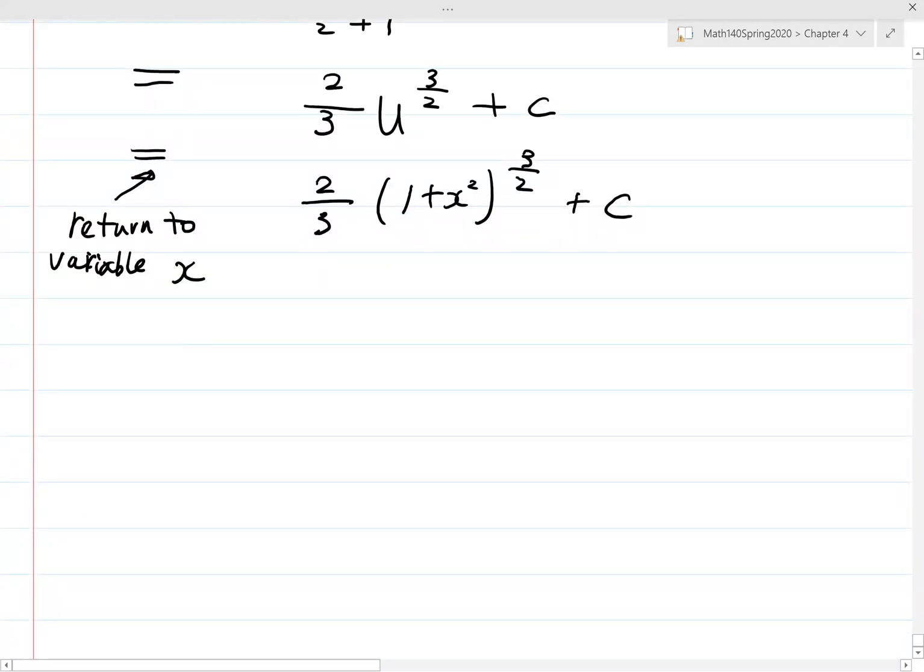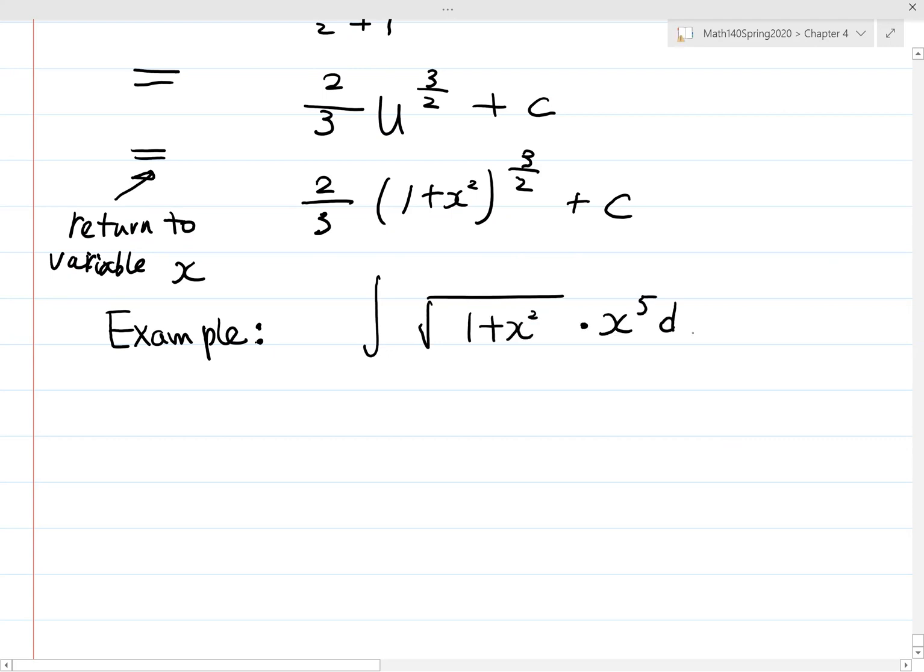Now a little more complicated example: we modify this a little bit. The integrand is the square root of 1 plus x squared times x to the power 5.